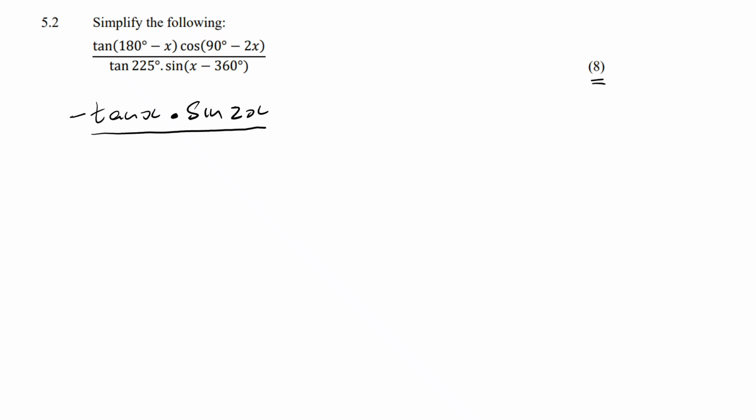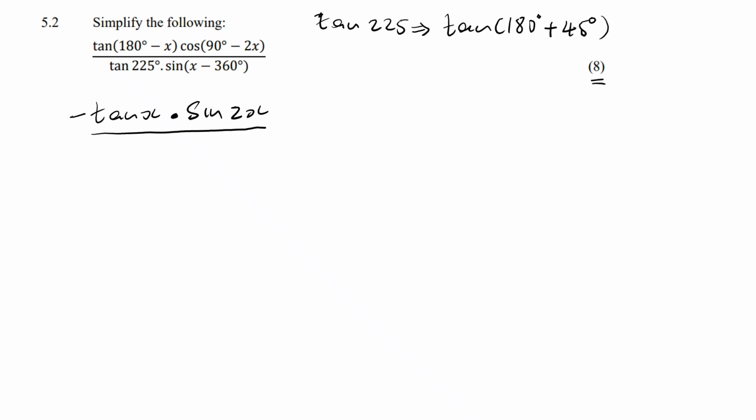Where is 225? That's between 180 and 270. So the tan of 225, we're going to reduce this and say this is the tan of 180 degrees. What should we minus? Oh, we need to add. What should we add to 180 to get 225? 45 degrees.